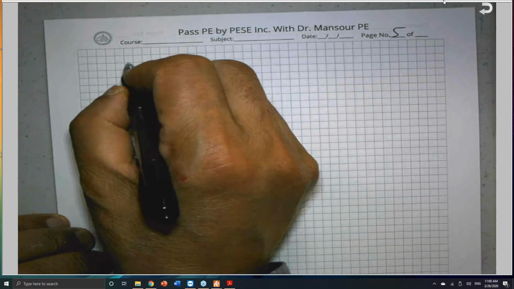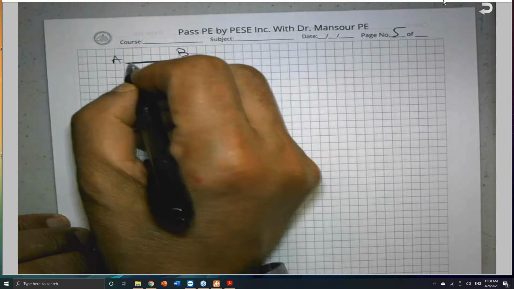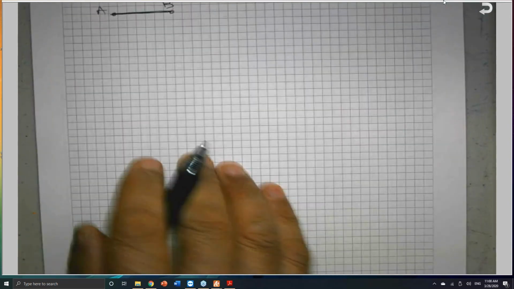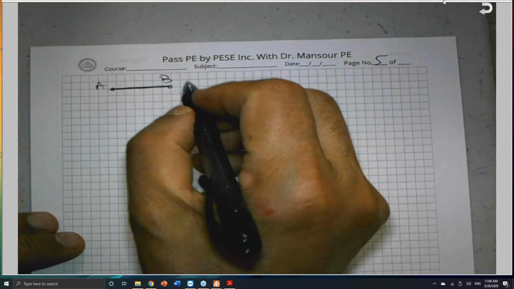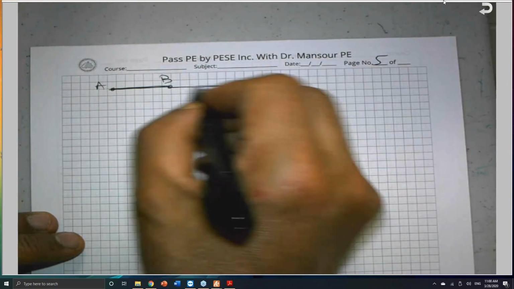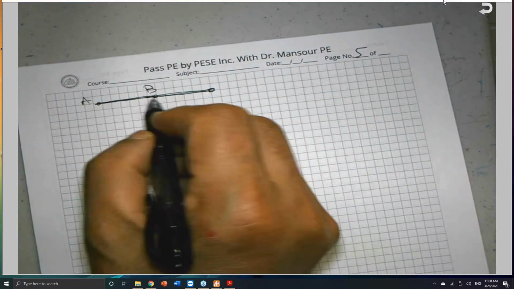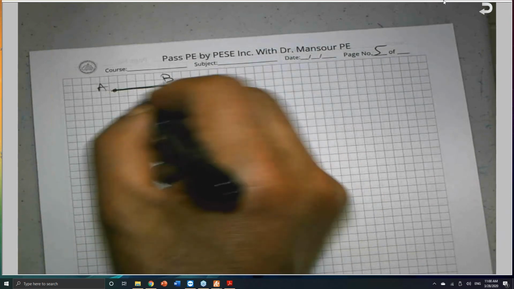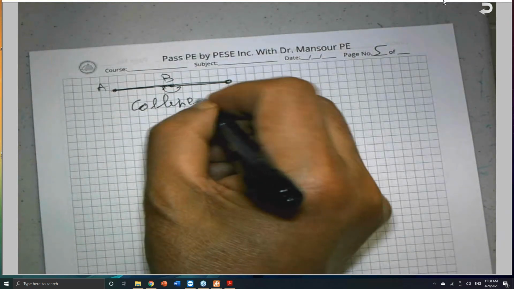If you have a member AB and another member BC, and they are along the same line of action, or this angle is 180 degrees, or the same bearing, we call them collinear members.